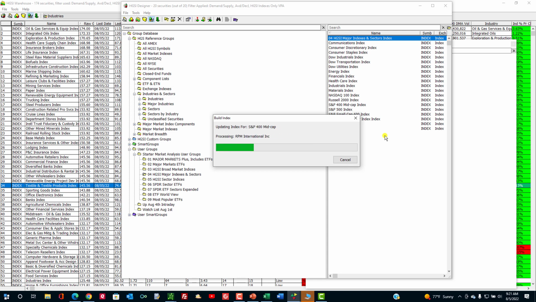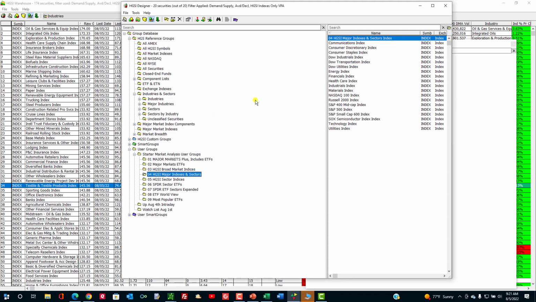When this finishes, I'll be able to look at these indexes and not only the advancers versus decliners, I can see where the strength and weakness is just by clicking through to this warehouse view. Like I said, this is an older computer, but it still doesn't take that long.